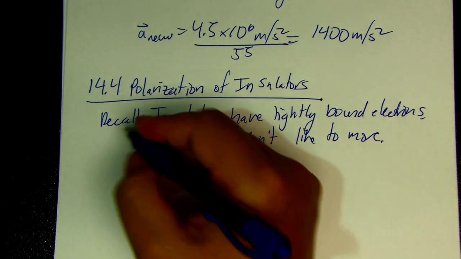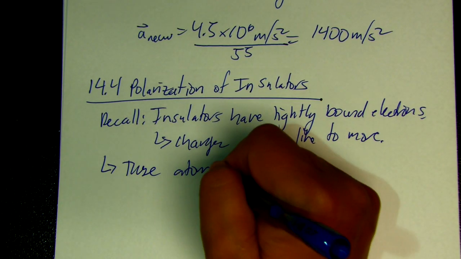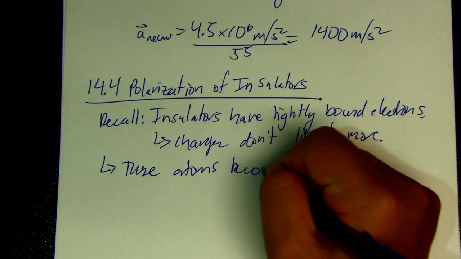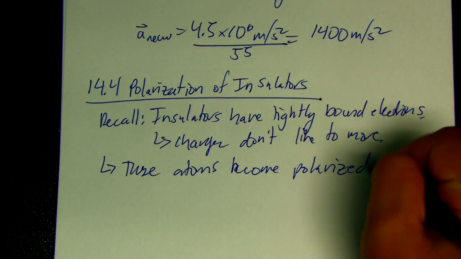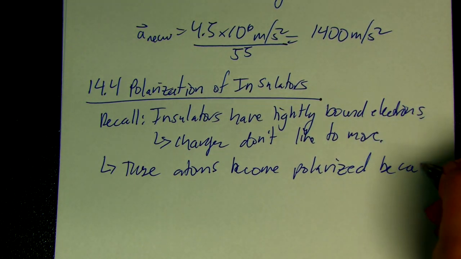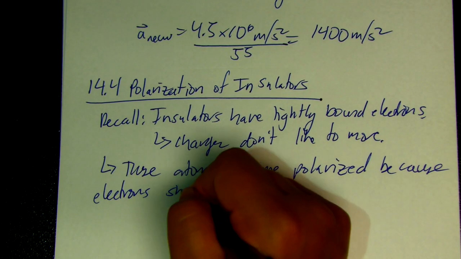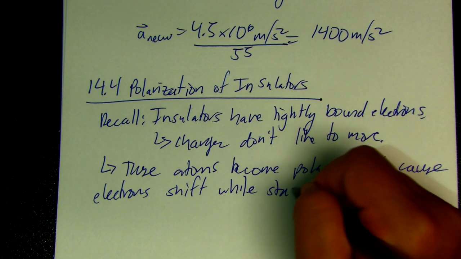Essentially, these atoms become polarized because electrons shift while staying bound to the nucleus.